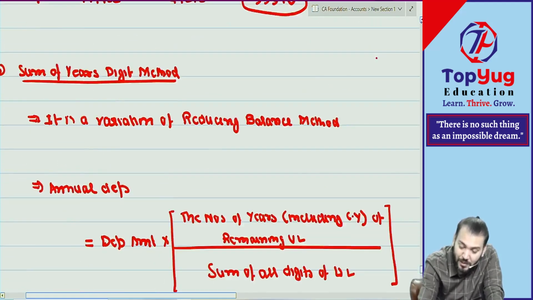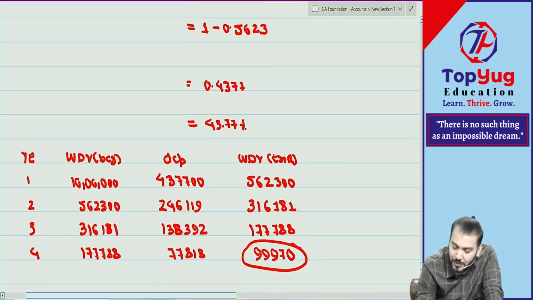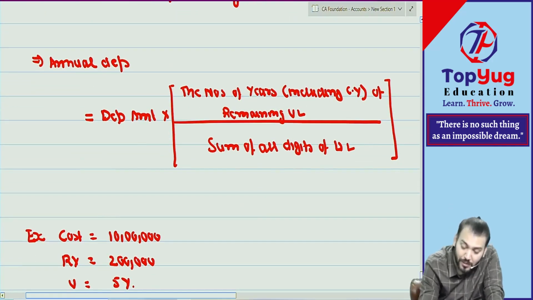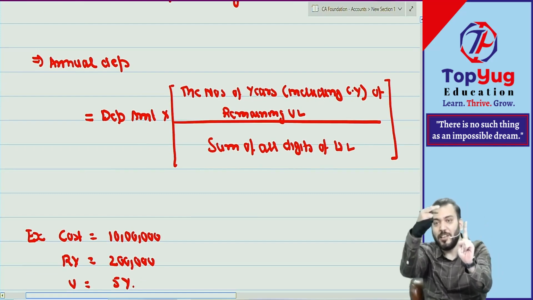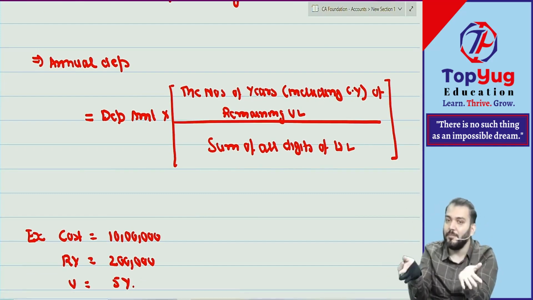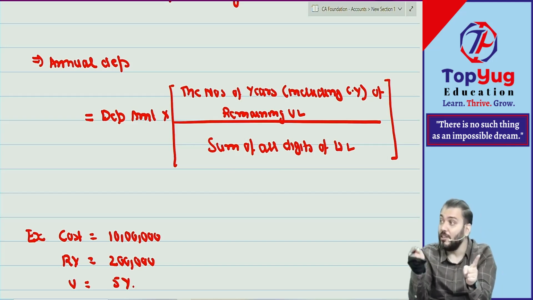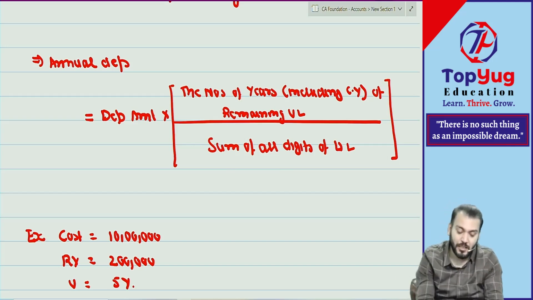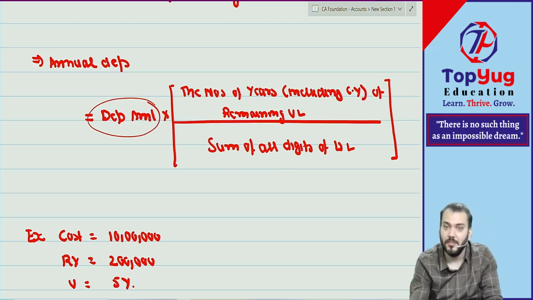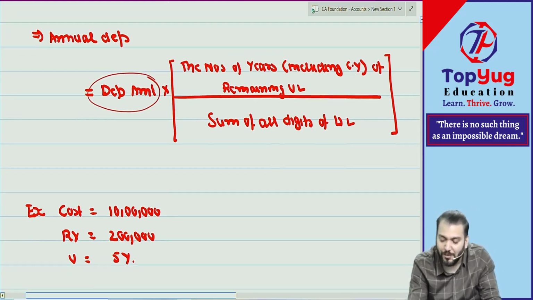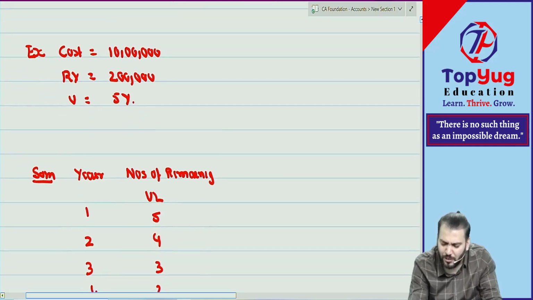In year 1, the remaining useful life including current year is 5 years, divided by sum of all digits of useful life, which is 15, into depreciable amount. So simply you can calculate with 5, 4, 3, 2, 1.